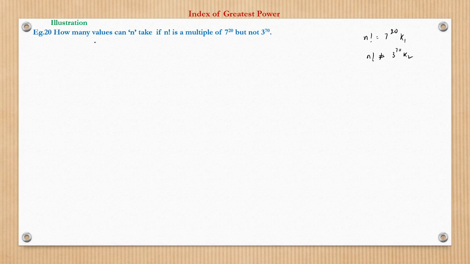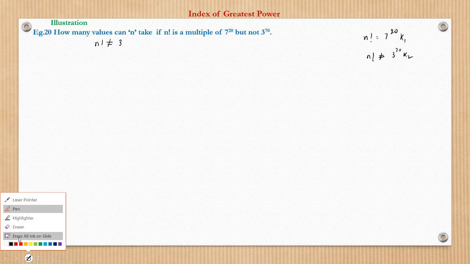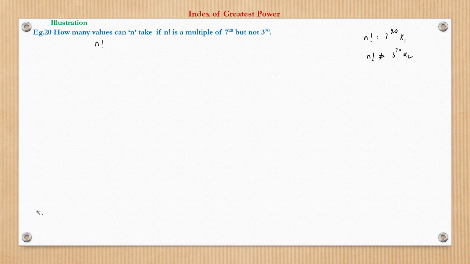What does this mean? n factorial is not a multiple of 3 raised to power 70, means that IGP of 3 in n factorial will be less than 70, right?